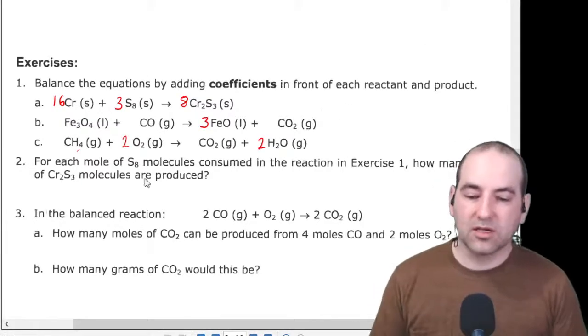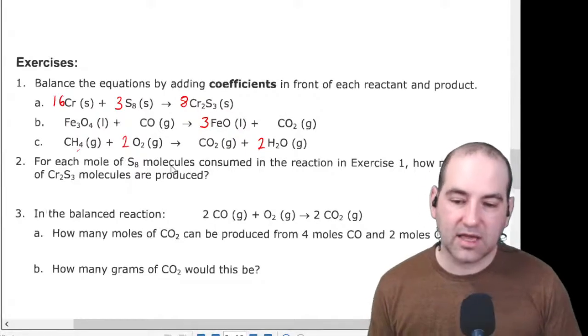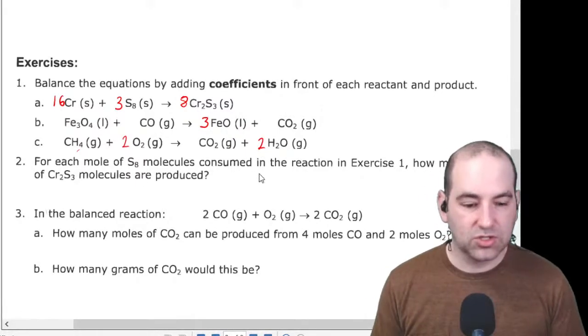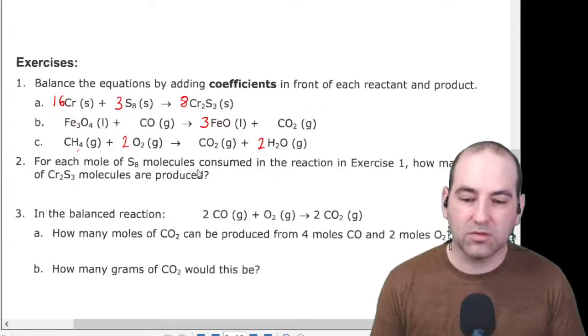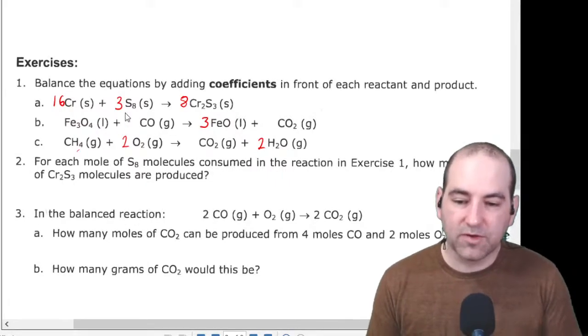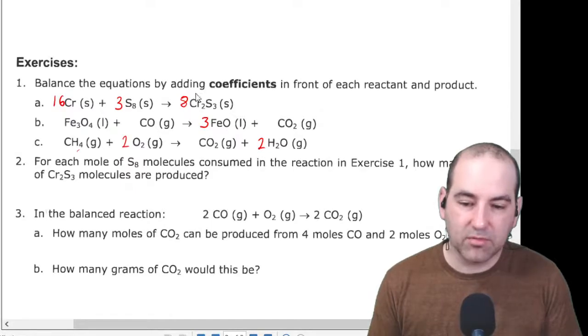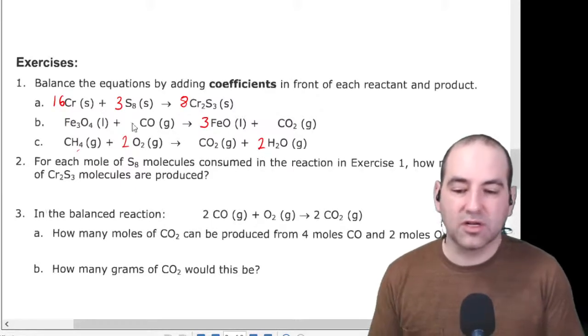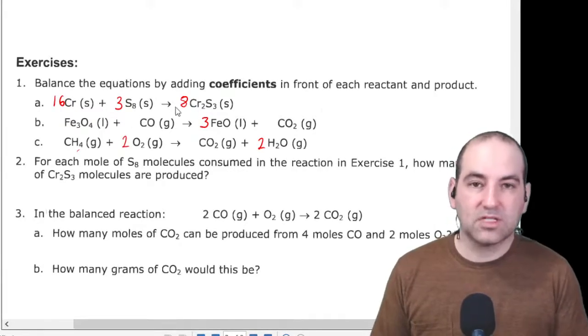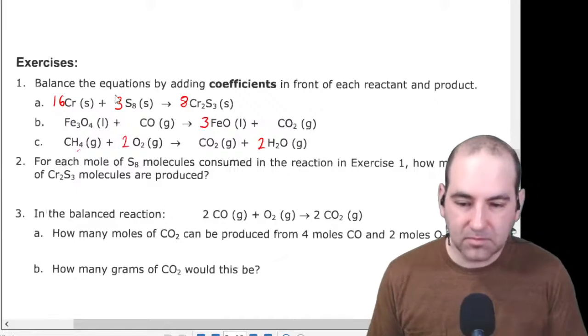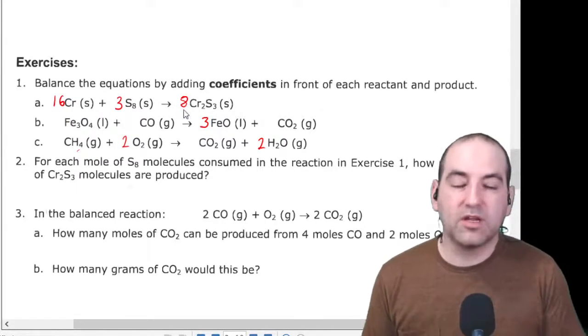So let's look at question 2. For each mole of S8 molecules consumed in the reaction in exercise 1, how many moles of Cr2S3 molecules are produced? So for each of these, how many of these are produced? Well, it's a little bit of a tricky question because the ratio is 3 to 8. So for every 3 of these, we produce 8 products. So for every one of these, how many of these do we produce?